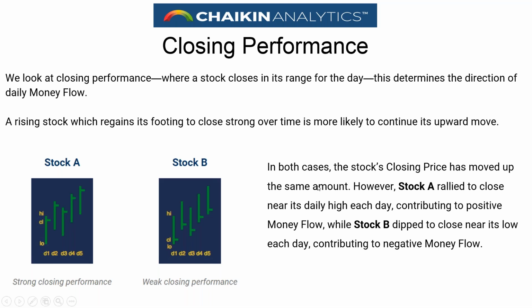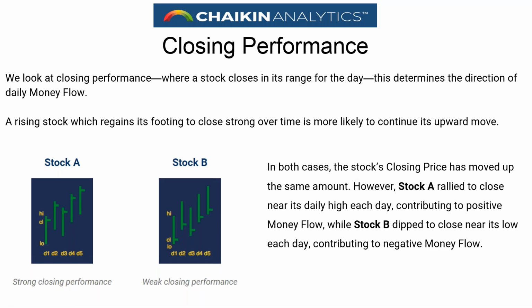So stock A and stock B are both rising, right? This is the exact same price pattern, but notice how stock A tends to close near the highs of the day, and stock B tends to close near the lows of the day. Now, they're both still rising, but stock A is more likely to continue its uptrend. It's rallied to close near its daily high each day, and that's contributing to positive money flow, while stock B closes near the low each day, contributing to negative money flow.